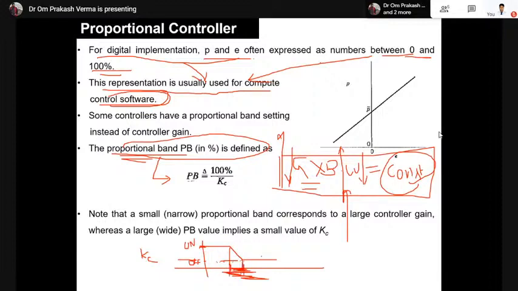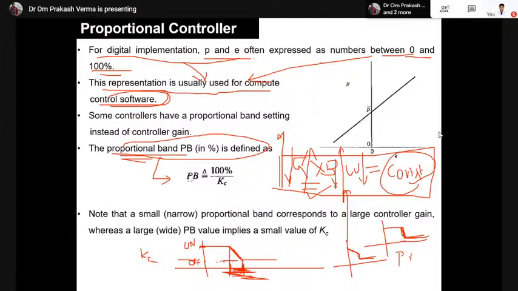As the gain increases, the bandwidth will decrease, as per this formula. Bandwidth decrease means the slope will decrease, and at last this line becomes a vertical line. At which condition?